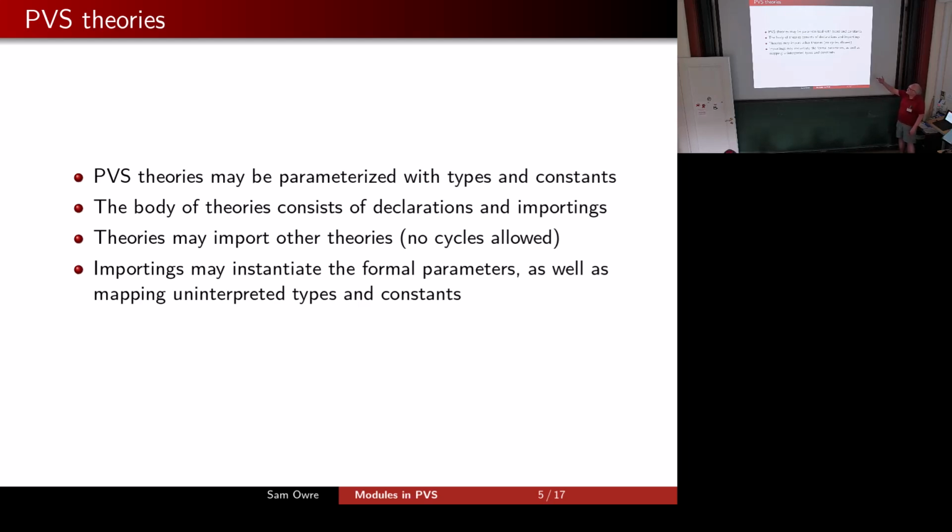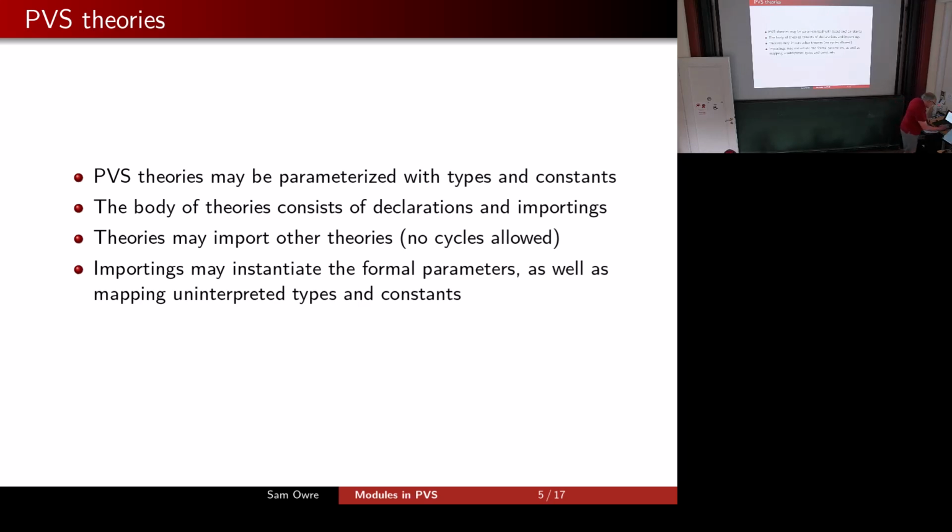And importings may instantiate the formal parameters. You don't have to, but at some point it has to be instantiated. But you can be lazy about it, in effect. And importings may instantiate, and they may also map uninterpreted types and constants. This is theory interpretation, we call it. That amounts to the squiggle lines in your STEC presentation.